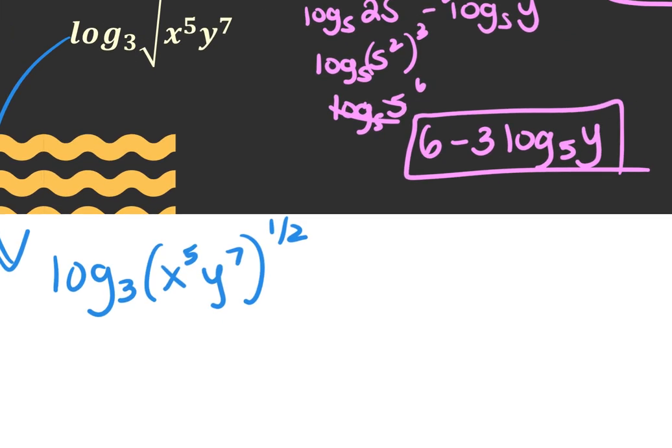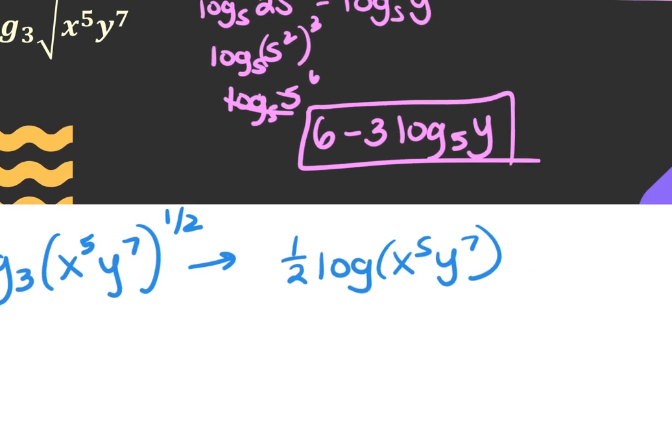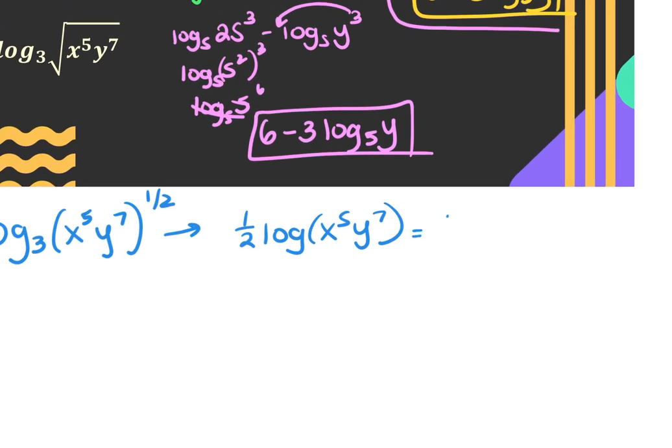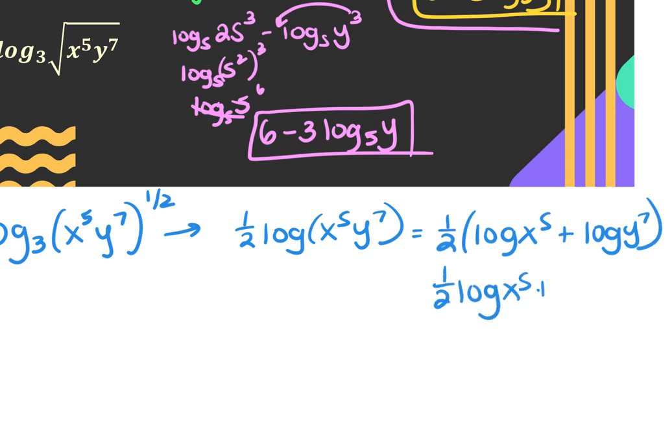So one option, 1/2 log x to the 5th, y to the 7th, which then becomes 1/2 log x to the 5th plus log y to the 7th, or 1/2 log x to the 5th plus 1/2 log y to the 7th.